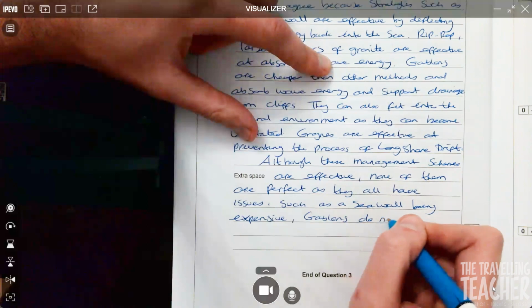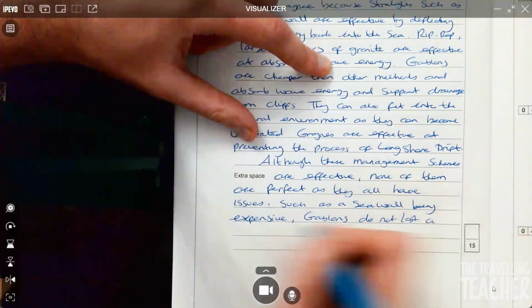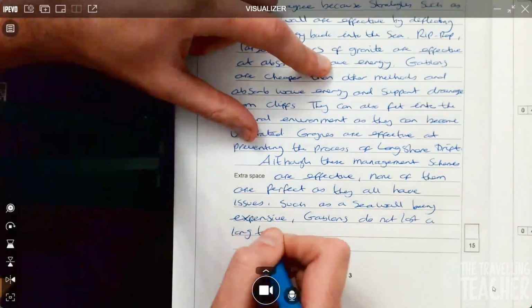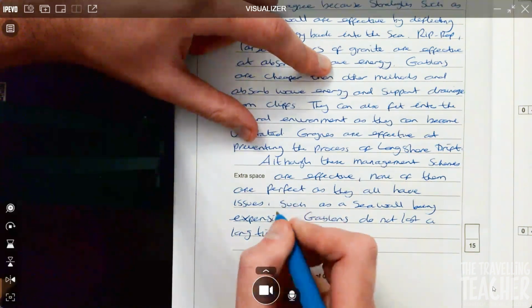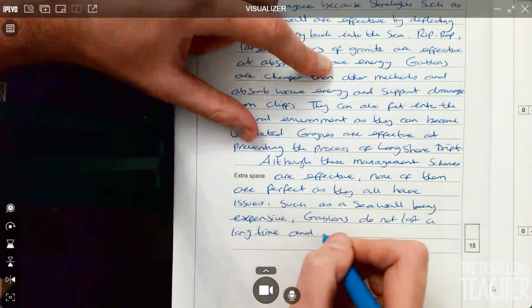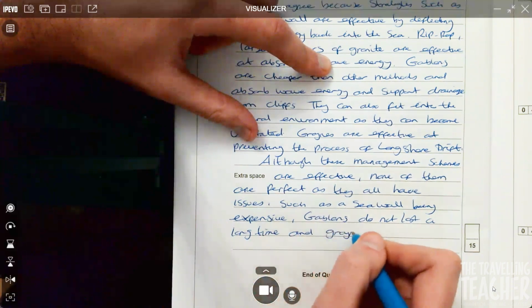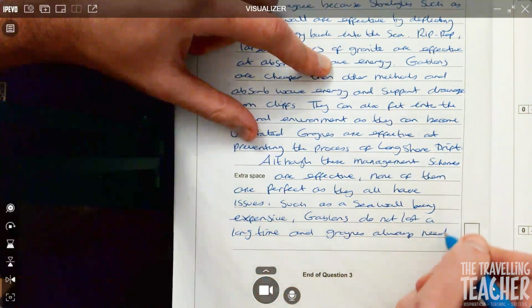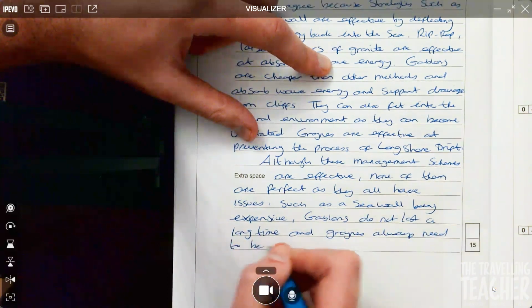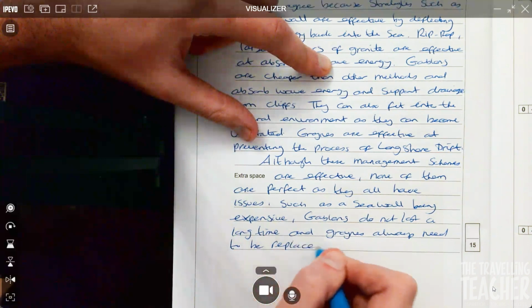Gabions do not last a long time, and groins always need to be replaced.